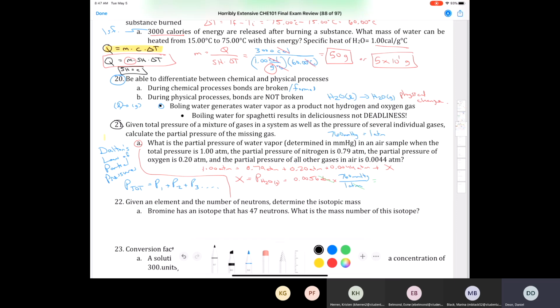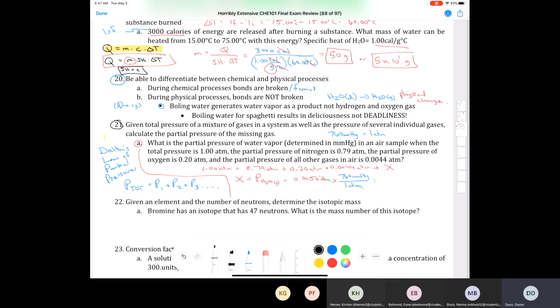What is it asking for? It's asking for the partial pressure in millimeters of mercury. I did it, I just wrote down the wrong units here.